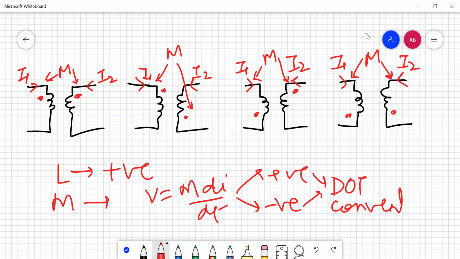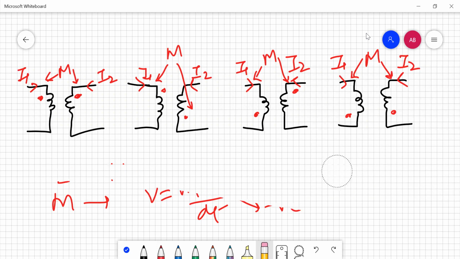Basically, whenever we get an inductor, there is a dot present. So depending on how we are coupling the other coil in proximity to this coil, along with that dot condition, the voltage that will be developed because of the mutual inductance can be positive or negative.